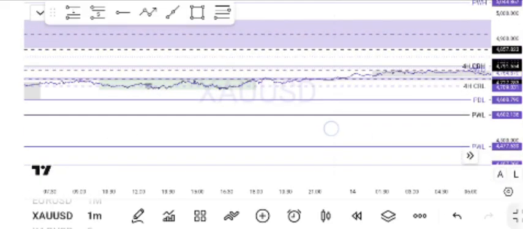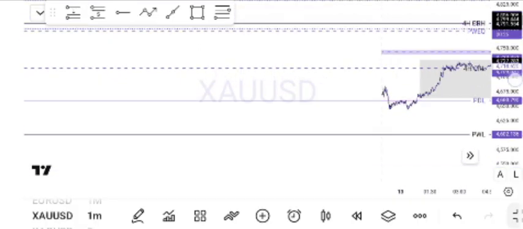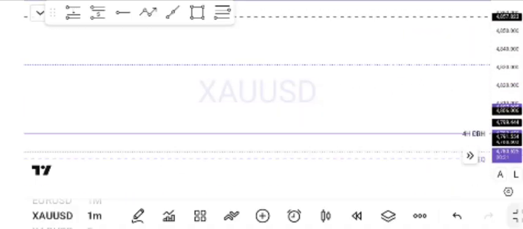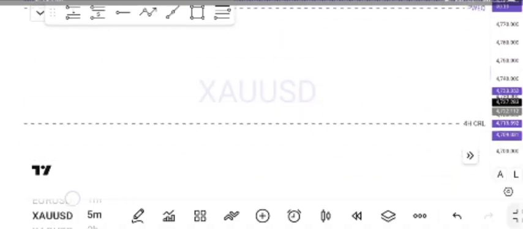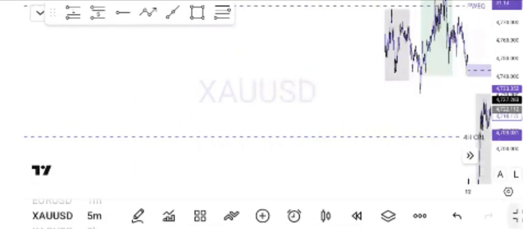TradingView is misbehaving. It's like they don't want to go further to that point where I just got that thing on the 1 minute. So maybe I should just use, oh sorry.